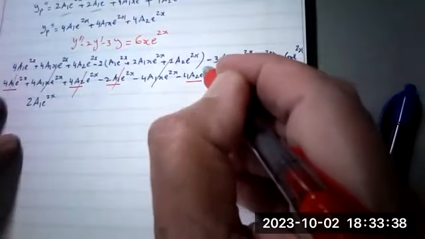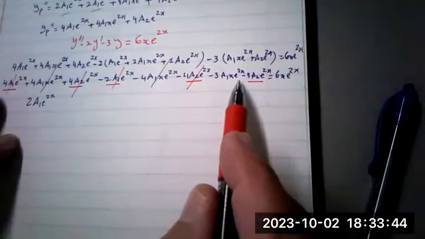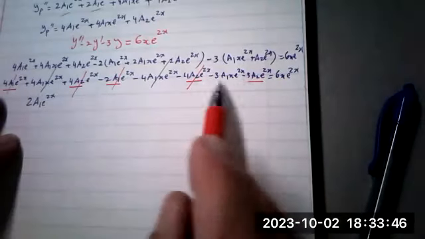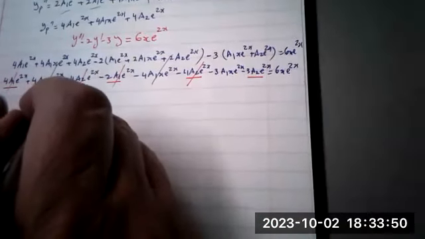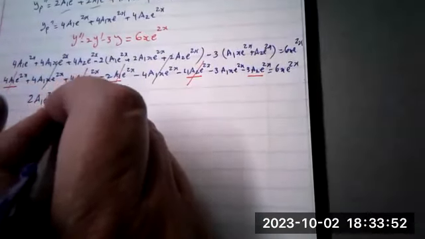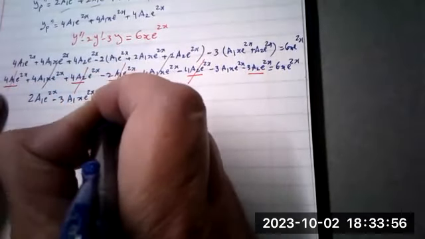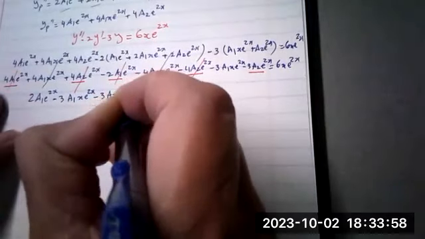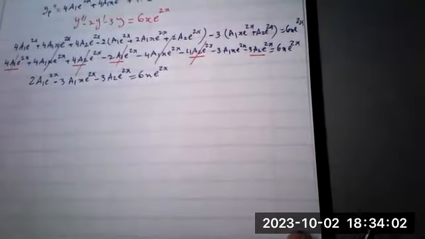So these two would cancel out. What else? The only other thing that we're going to see is going to be minus 3a1x e to the 2x minus 3a2 e to the 2x, which is equal to 6x e to the 2x. That's the best you can have.